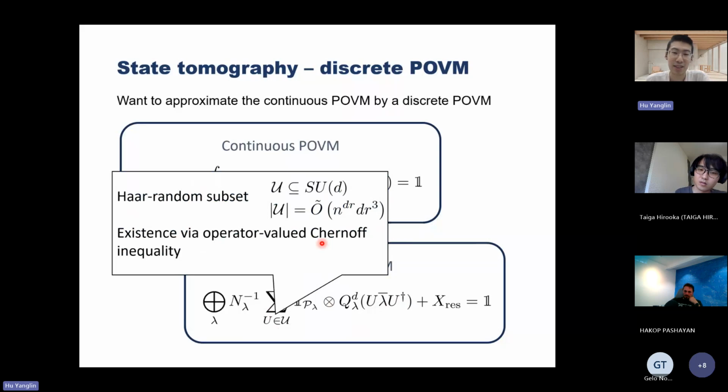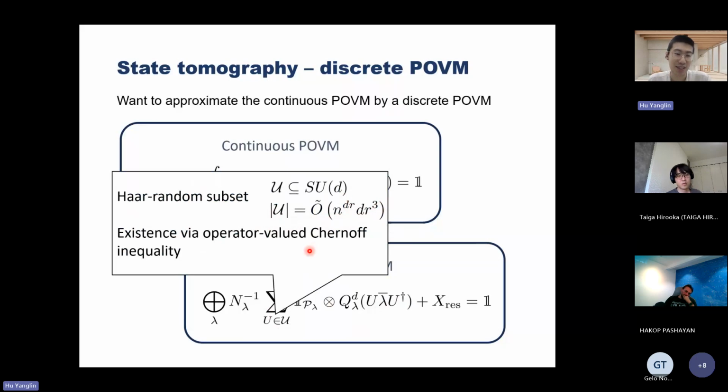The way we sample this unitary design is we sample from a Haar random set. For each element of the set, we sample it from the Haar random set, and the number of elements in the set is upper bounded by n to the dr times dr cubed.